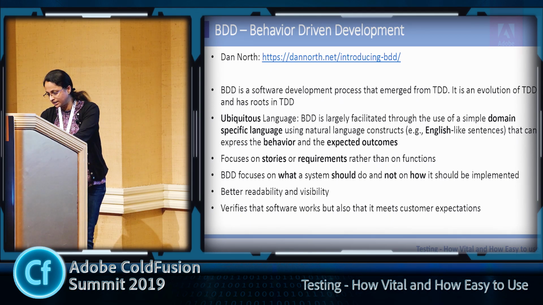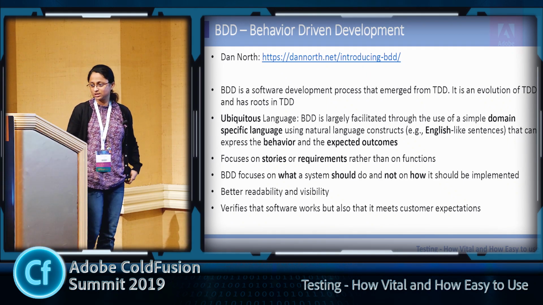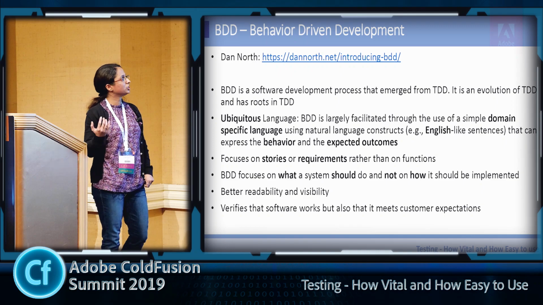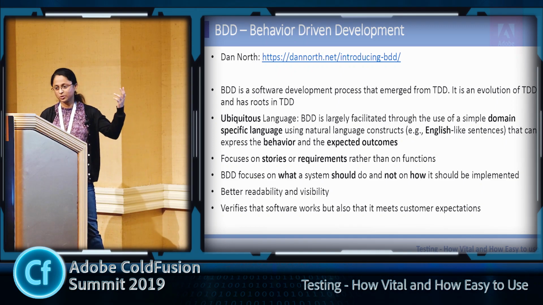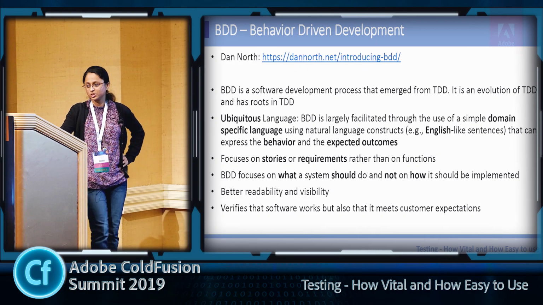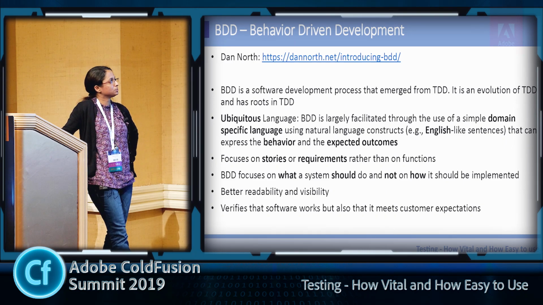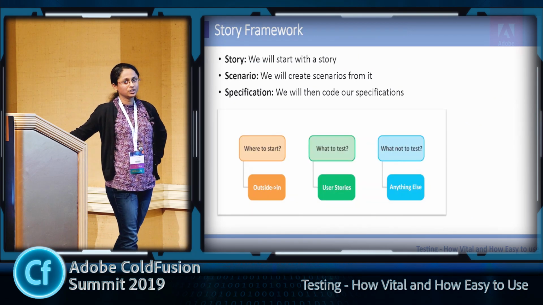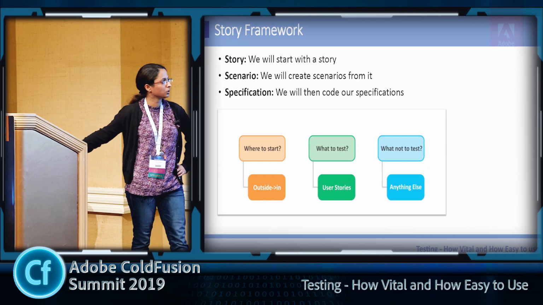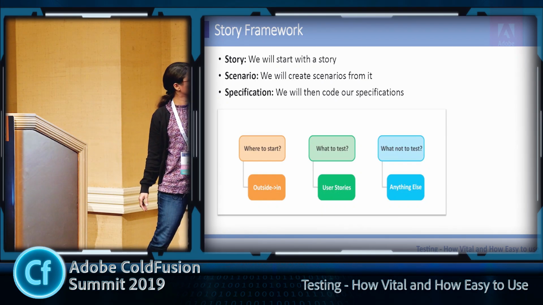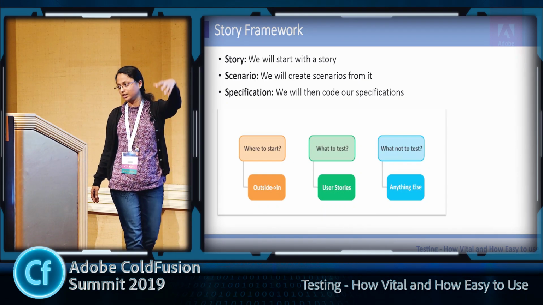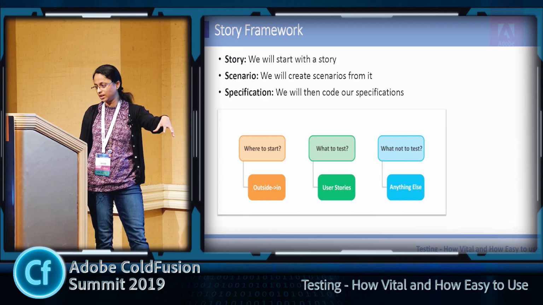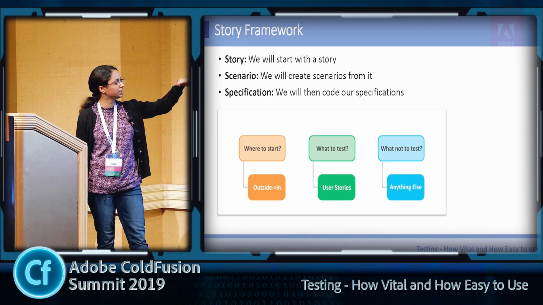Coming back to slides, let's just quickly go over this article. So in Agile, we will start with the user story, we'll break down this user story into scenarios, and then we'll code our specification. So earlier we had 3 questions: where to start, what to test, and what not to test. So we got the answers to those. We'll start with the user story and then break that down and go from outside in.